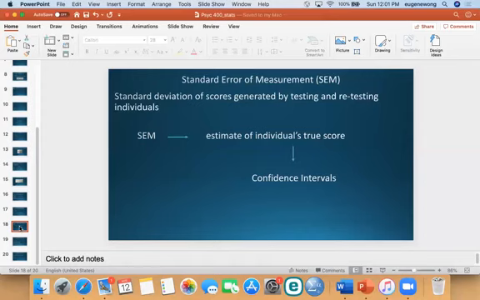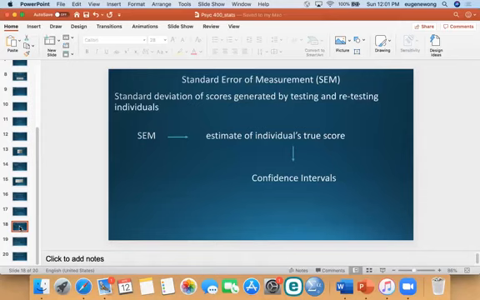Okay? Confidence intervals tell us where the person's true score is likely to fall, given what their score on the test is today.